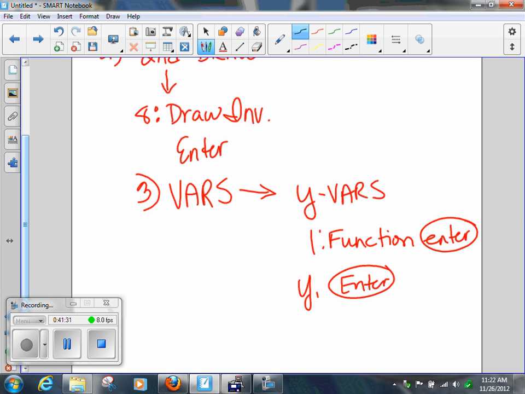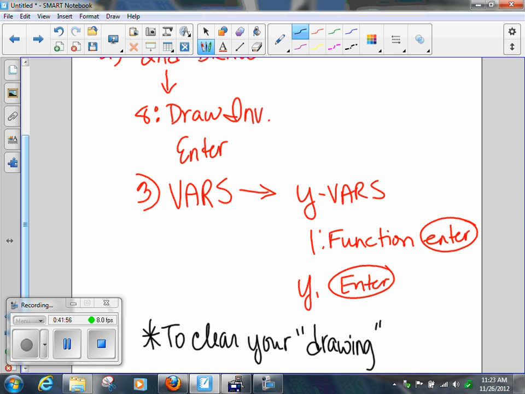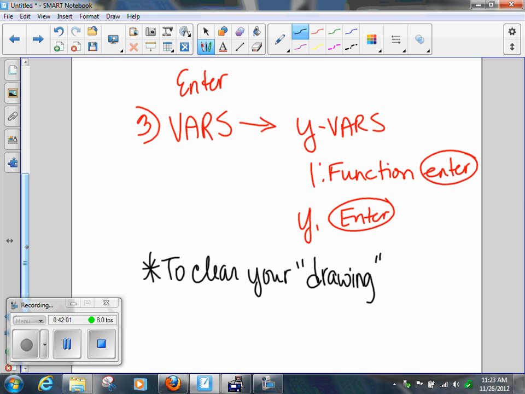To clear your drawing, because remember, we have drawn this in the calculator, and some of you like to draw anything other than what we're supposed to be doing. But to clear your drawing, second draw.